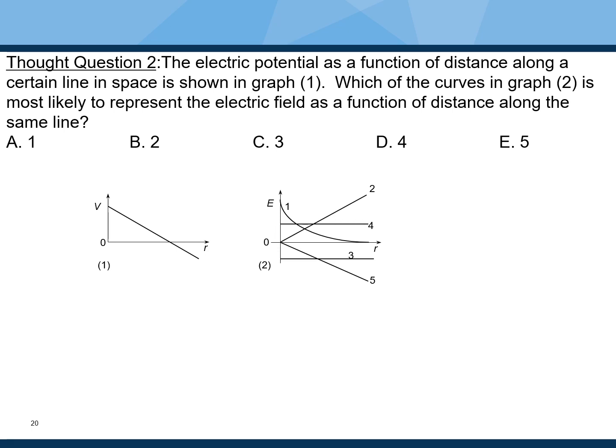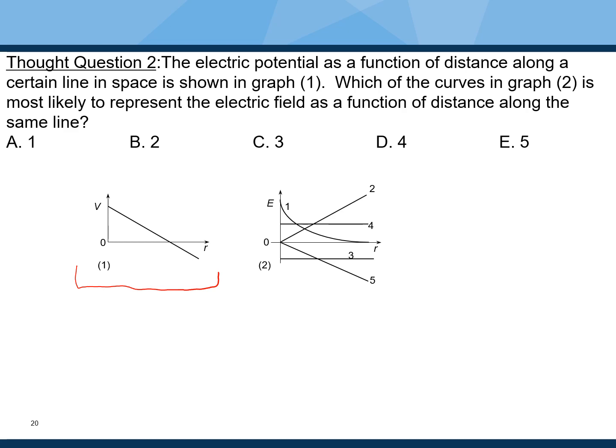In this thought question, we're told that we are given the potential as a function of distance, which in this plot in the left panel is shown as r. So focus on the left panel. This is a plot of the potential as a function of distance.